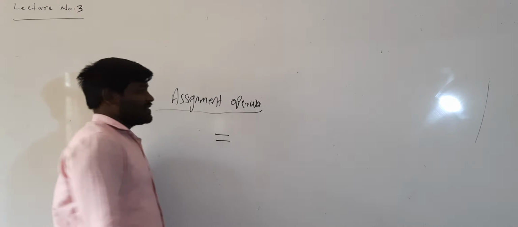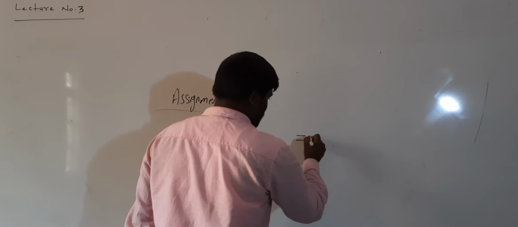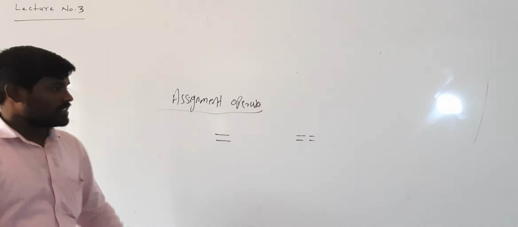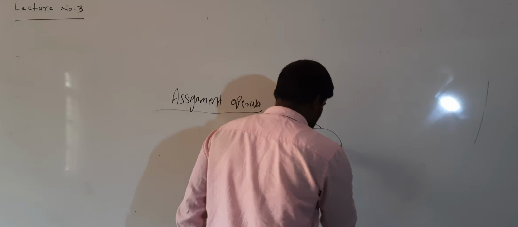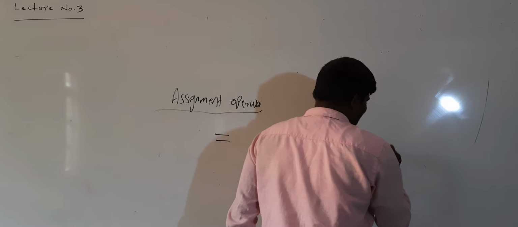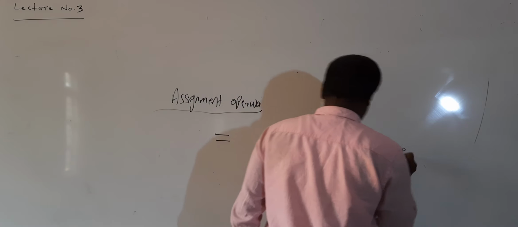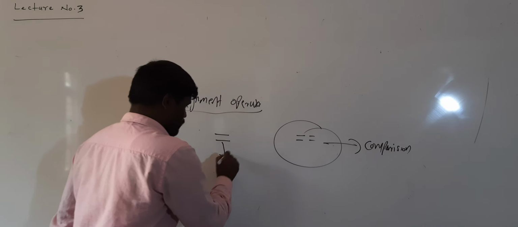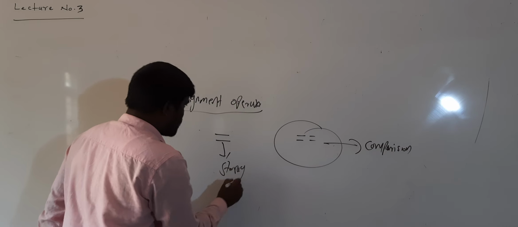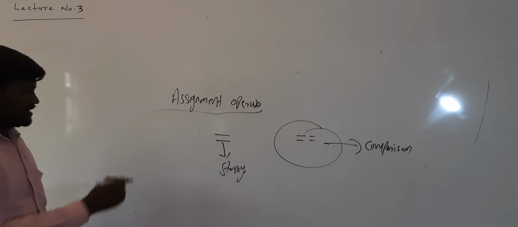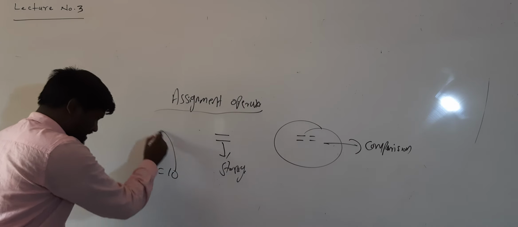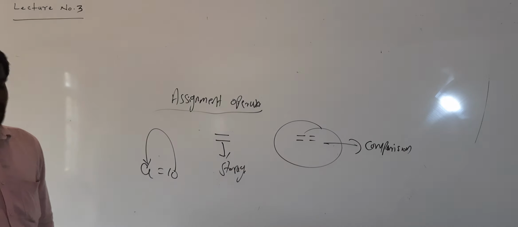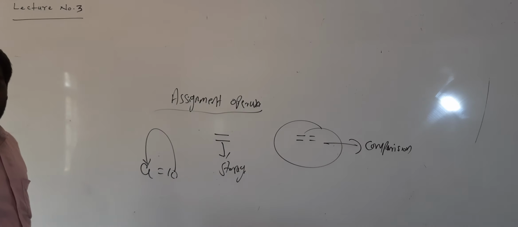In operators we already studied the relational operator double equal to. The difference between single equal to and double equal to is that double equal to is used for comparison, and single equal to is for storage. Here assignment operator means, see here, a = 10. Here 10 is assigned to a, or 10 is stored in a.